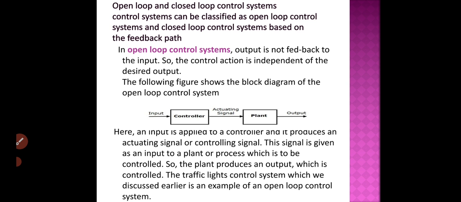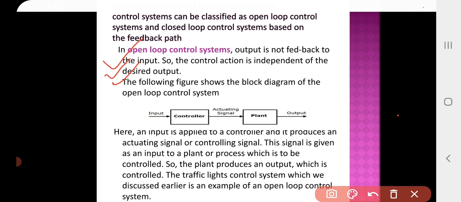Feedback means the output of the system is further connected to the input of the system. That is feedback. In open loop control systems, output is not fed back to the input. This figure represents the open loop control system.